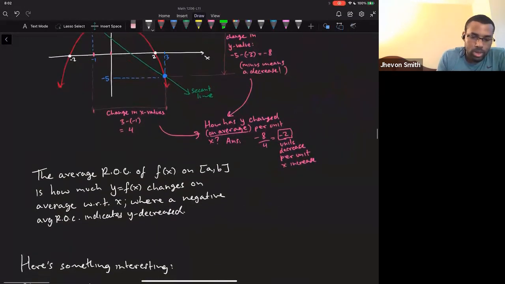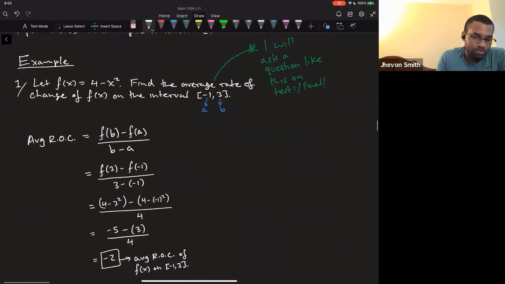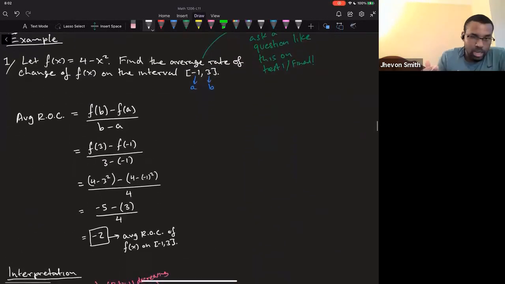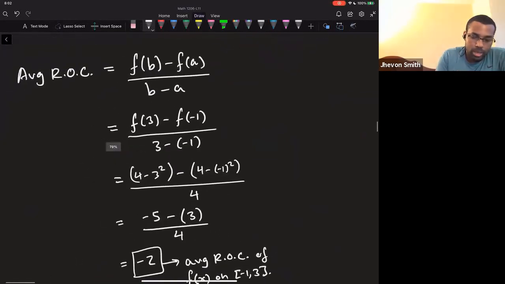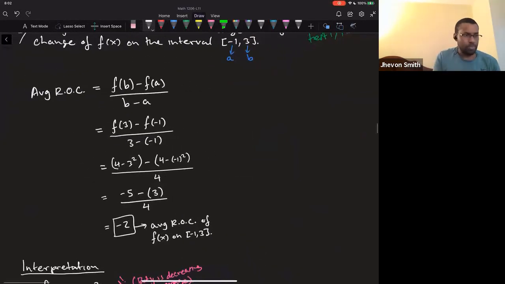Okay, cool. So that's average rate of change. Yeah, that's it. Now that's going to be important for us later, but it is something that we need to know how to calculate. And it's pretty much just calculating that.